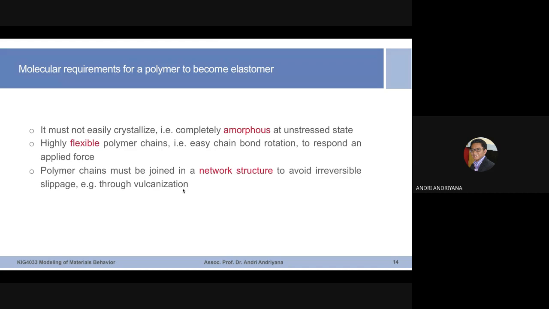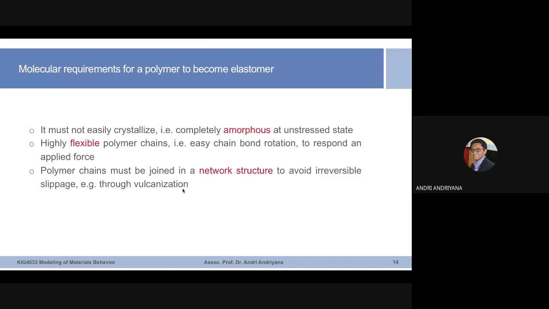Okay, and this is made possible by having the glass transition temperature much lower than room temperature, because at a temperature higher than the glass transition temperature, you can have easy chain bond rotations. Okay, the chains become more flexible basically.